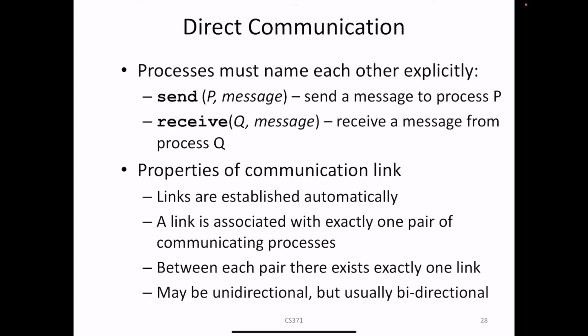However, direct communication is not perfect. One disadvantage of direct communication is explicitly adding the ID into the operations. For example, when a process wants to send or receive a message to or from another process, it needs to explicitly hard-code the other process's ID into the operation. So what if the other process changes its ID? For example, we temporarily turn off the other process and later restart it.